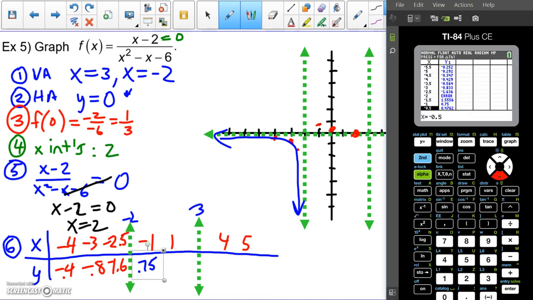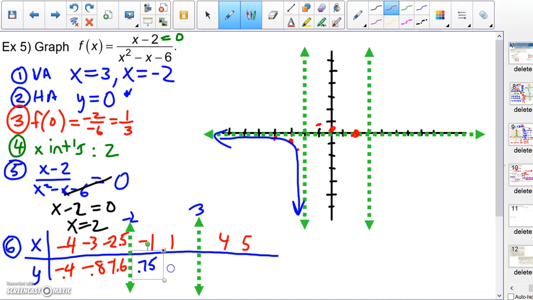And if I do +1, +1 gives me about 0.16, so about 0.2 or so, 0.17 or so, whatever. 1, 0.17, just really low, slightly above the line. But again, we can kind of get a feel for what's happening there. It's going to approach, curve around here and cross, and approach.